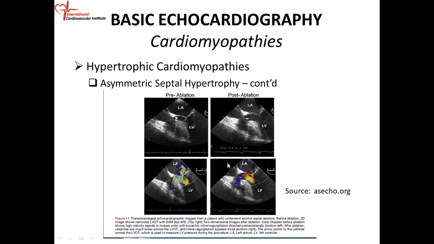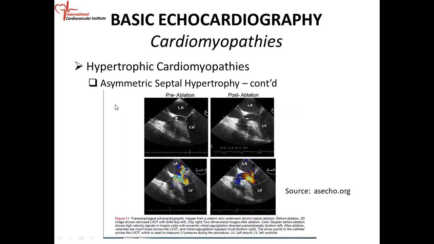Now we can also use alcohol, what we call alcohol septal ablation. We do a catheterization, locate the blood vessel that is supplying the septum, and put alcohol in that blood vessel. So we give the patient a controlled heart attack, and by doing so, you can reduce the thickness of the septum and relieve the obstruction.